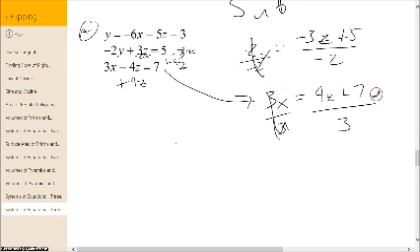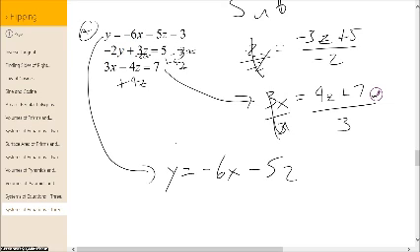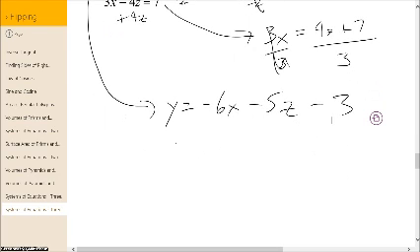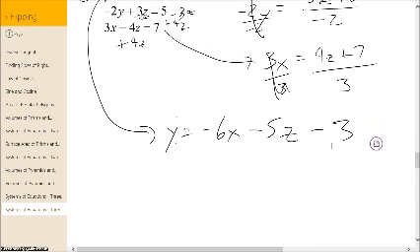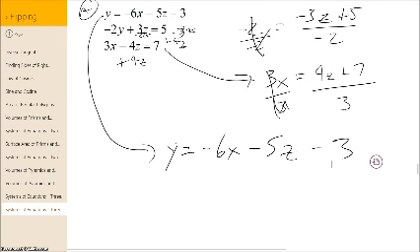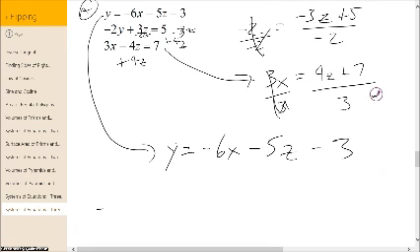So we're going to take this guy, which is y equals negative 6x minus 5z minus 3. And we're going to plug in the values of x and y that we calculated. So we said y is negative 3z plus 5 over negative 2.